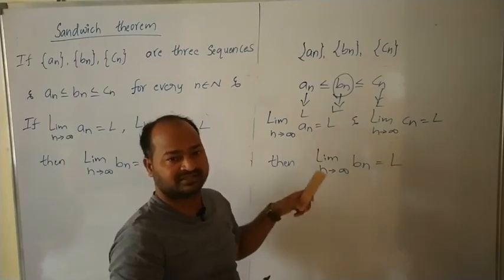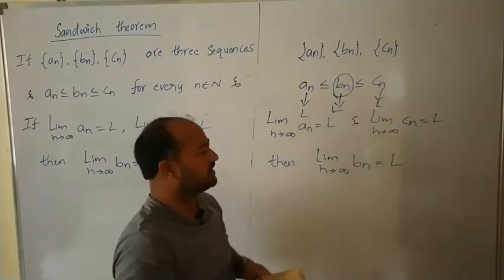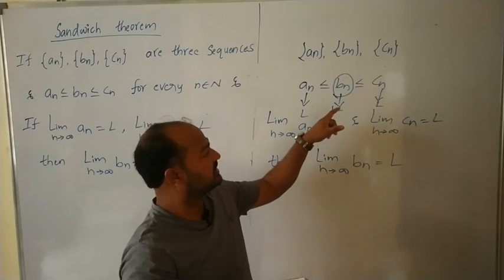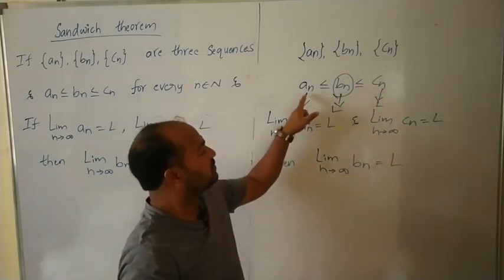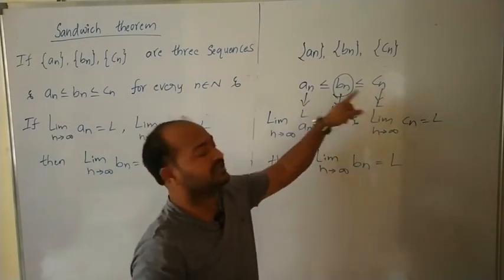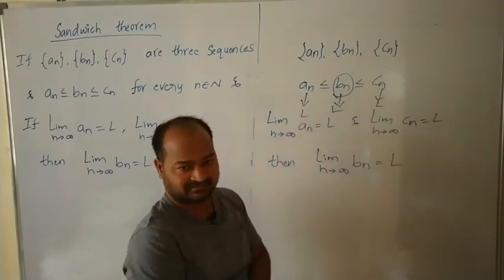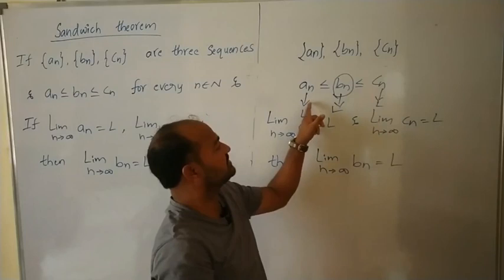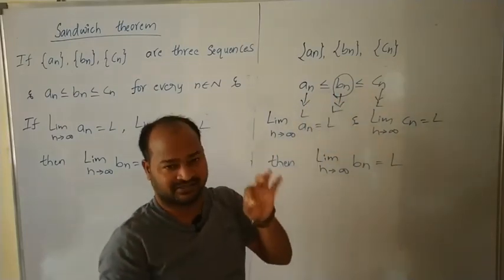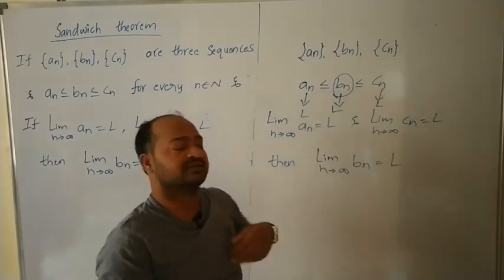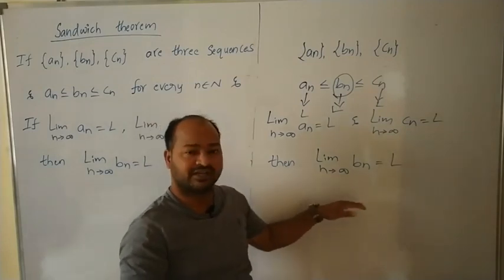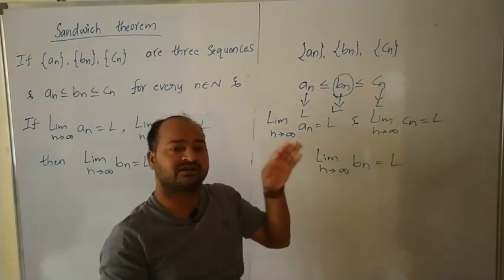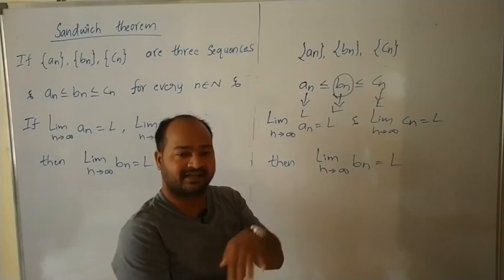Okay, so that is the sandwich theorem. Here if you observe, in between two sequences an and cn, bn is sandwiched. Sometimes we cannot find the limit of some sequences directly.